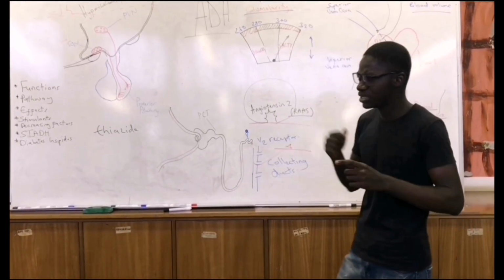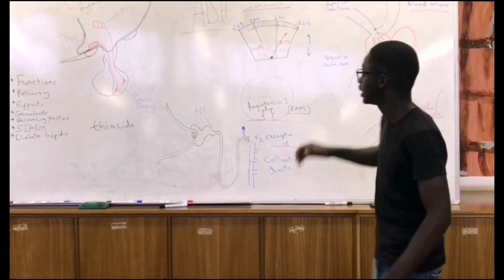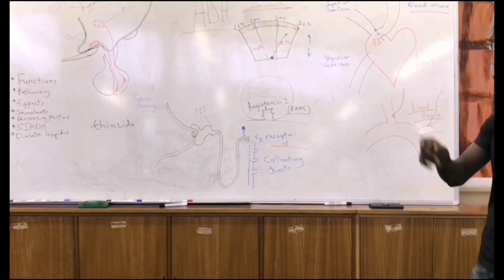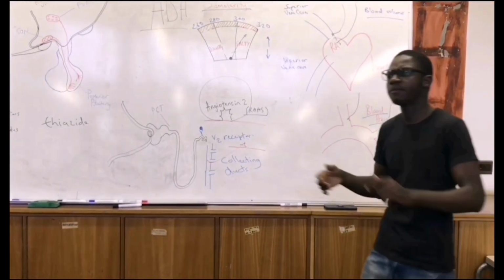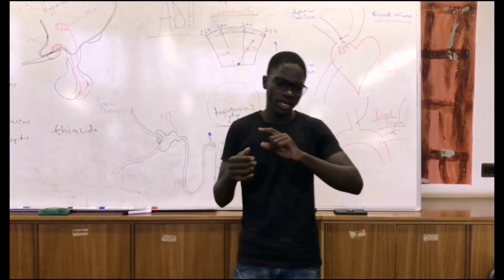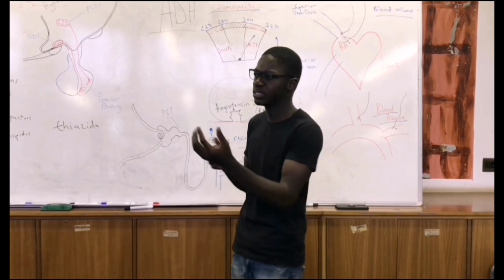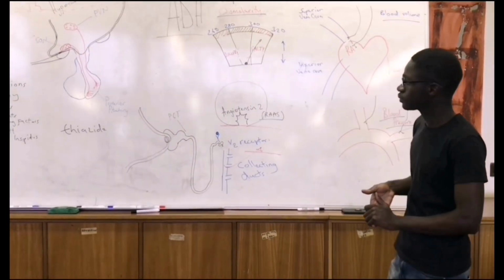How is this paradox maintained? In the heart, there are secreted what are called natriuretic peptides. These peptides excrete sodium, and we know that where sodium goes, water follows. So this gives a balance to the osmolarity.